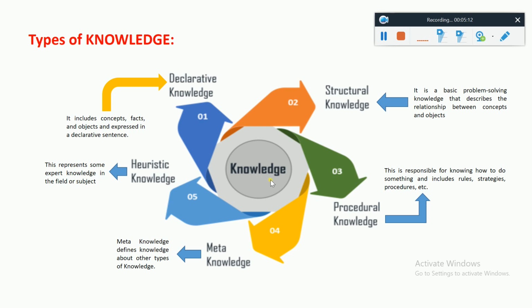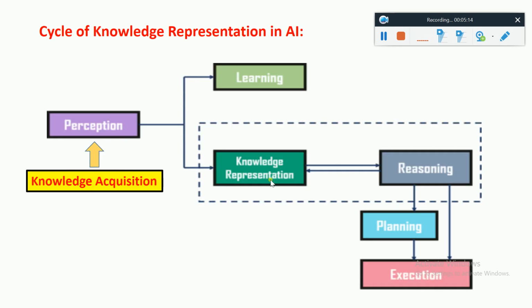Now come to the next, that is, what exactly is the process cycle of knowledge representation in artificial intelligence. We have several components which are involved in this process cycle of KR in AI. The first component, which we see in this diagram, is called the perception component.